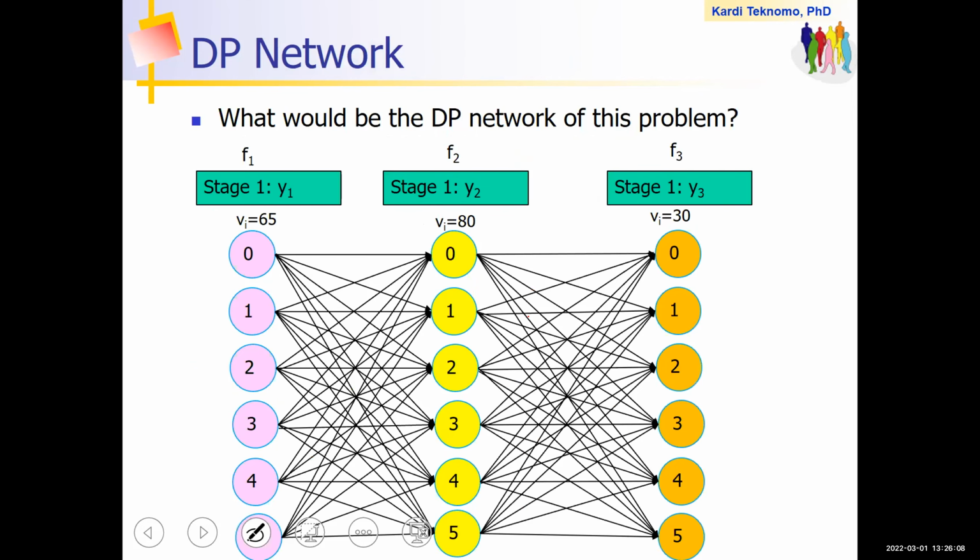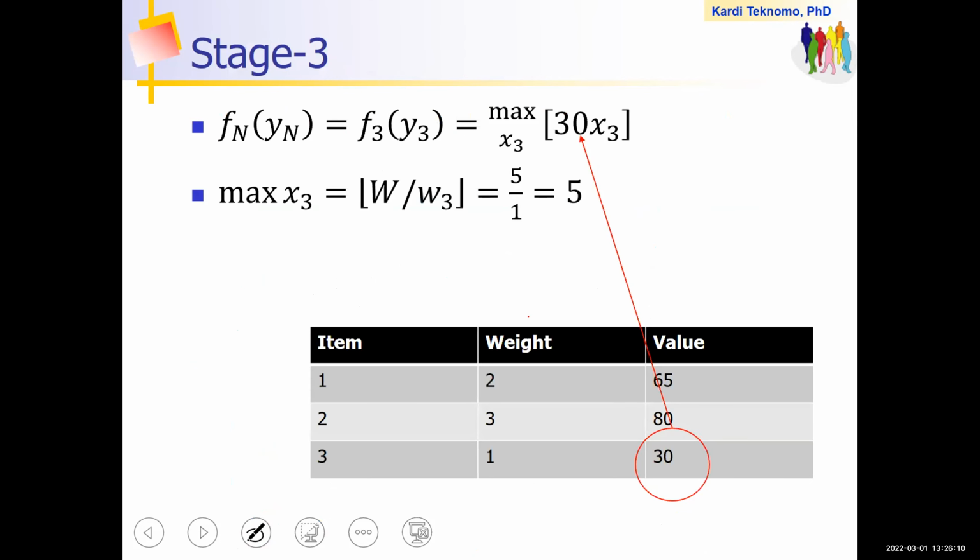Let's take the example in this case. This is our value. You have item 1, 2, 3 or A, B, C, right? So we start with stage 3. Stage 3 is item 3 here, right? The value is 30.